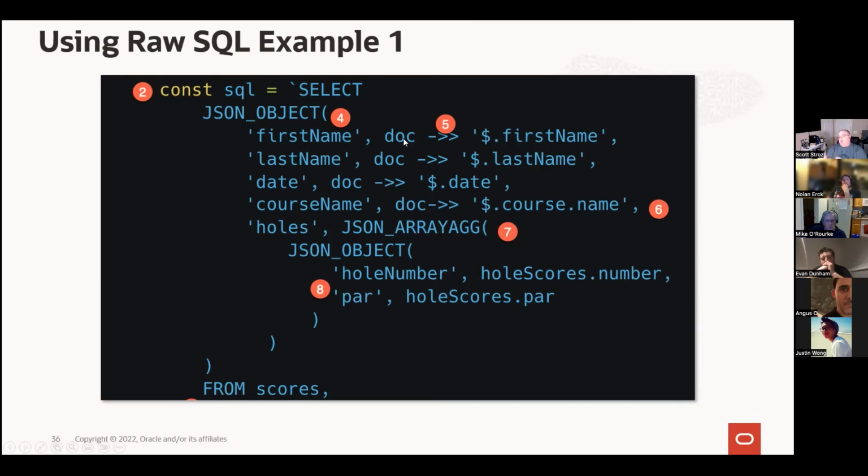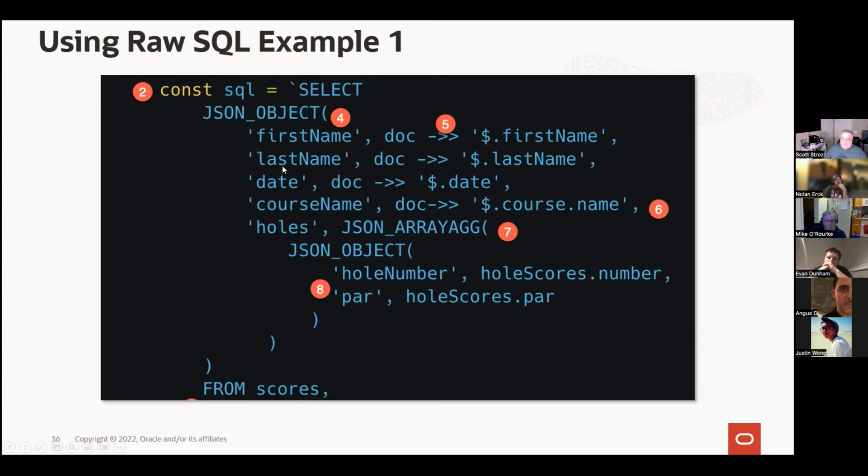So when you have that type of operator, everything before the operator is the column that we're going to be using. Remember, because it's a MySQL document store, it has to be doc. That has to be the column name. And then we have the operator that says this is the path we're going to use, where $ is the root. So here we know that we're using the firstName property of the main object.